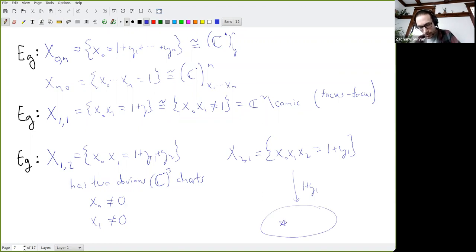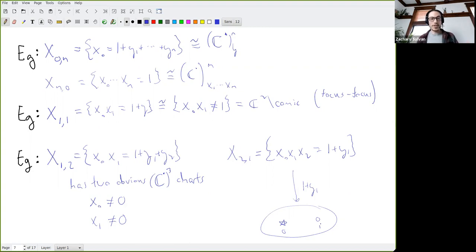It has a singular fiber over 0, right? When x0, x1, x2 is 0, that's the discriminant locus. And it has a missing fiber over 1. Y1 is not allowed to be 0, so 1 plus y1 is not allowed to be 1.